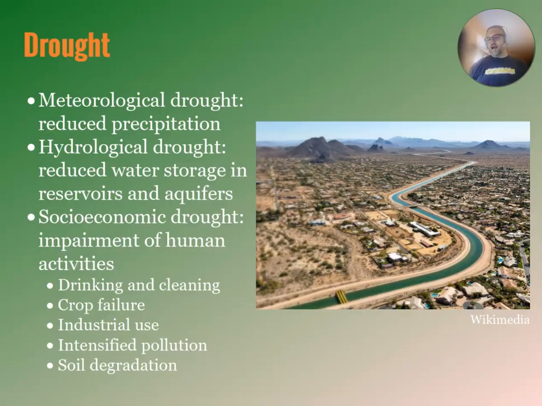Our aquifers underground have been charged up. They have a lot of water that has flowed into them, so wells can pull that water up easily. You know, the soils are not totally parched. There's still a little bit of moisture in the soil. So we can kind of compensate for not getting a ton of new rainfall if we've had some good years previously, and so water is stored in these other stocks within our hydrological system, right?